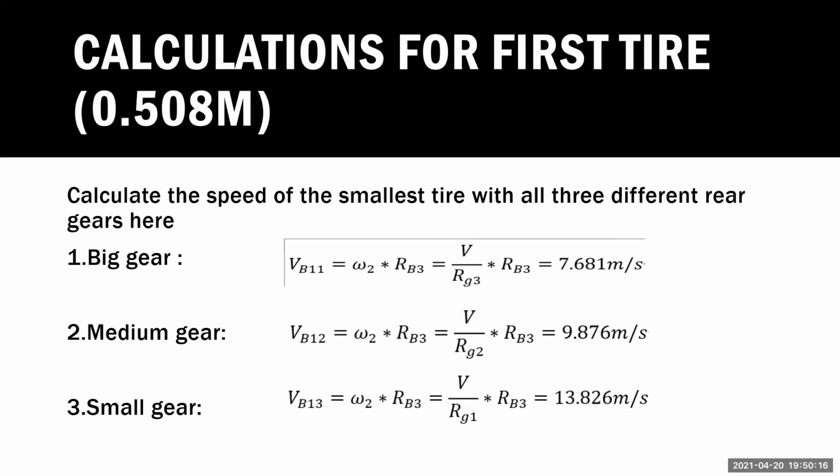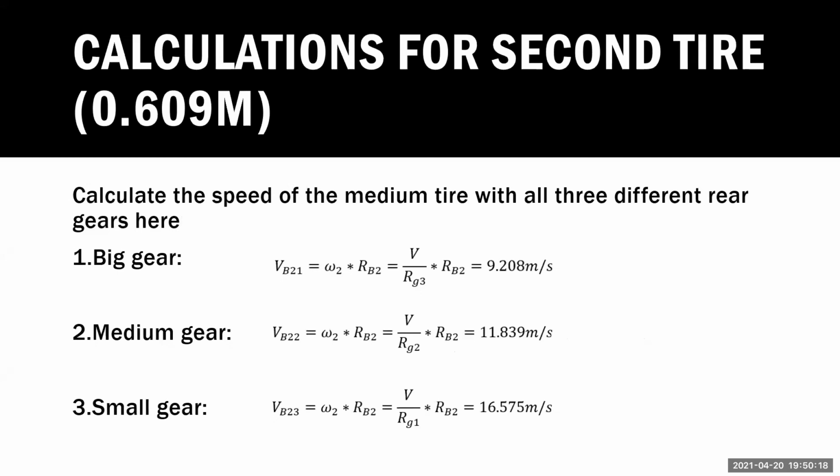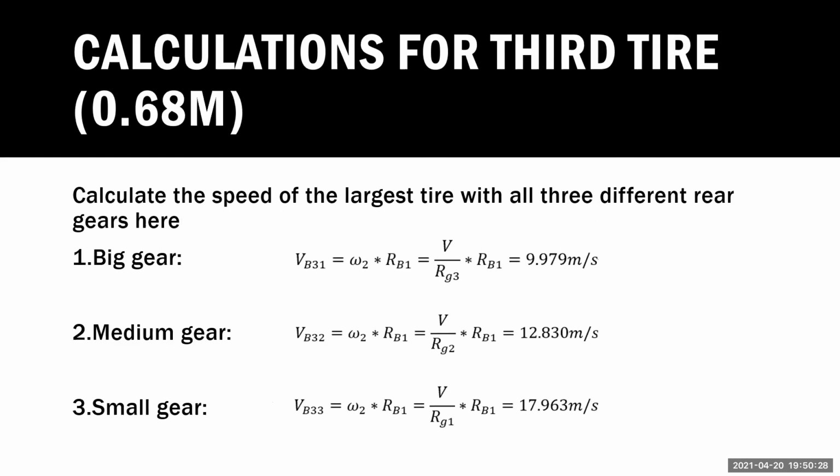And the next slide. And then they have this again for the medium tire. They used the same equations and solved with all 3 different gears. Next slide. You can go to the next slide.